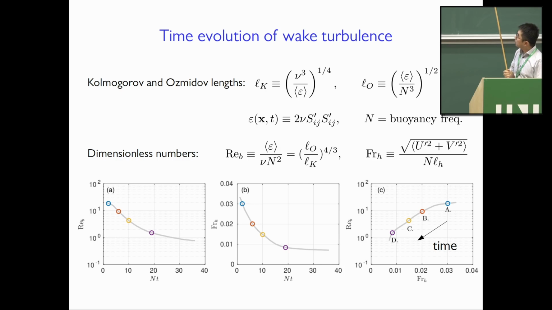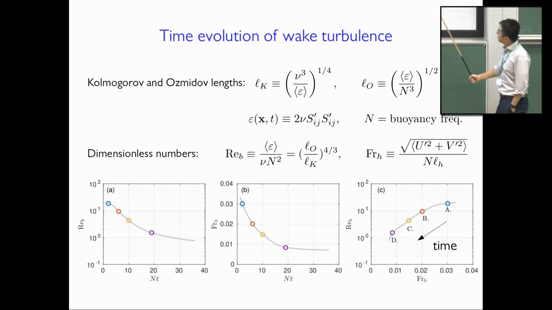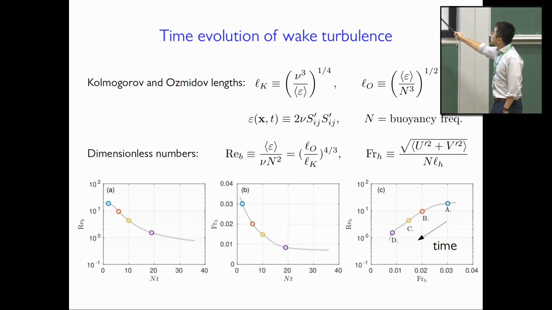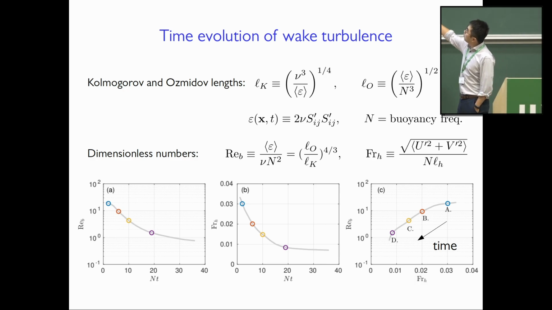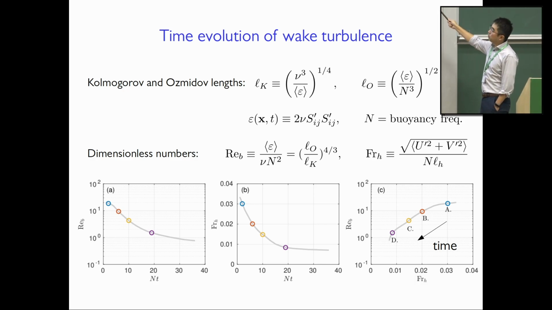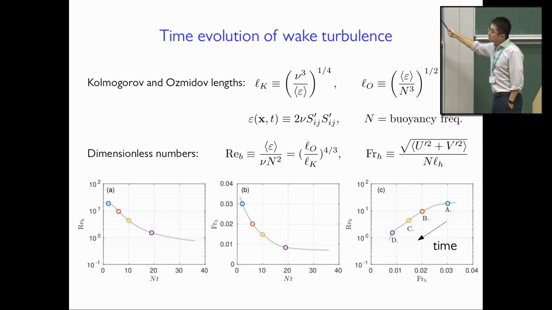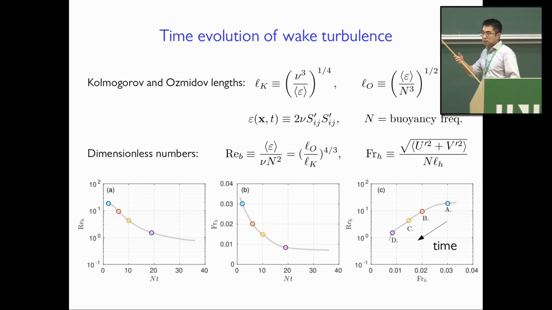Just before I do that, there are some important length scales and dimensionless numbers I want to introduce. The Kolmogorov scale needs no introduction. The Ozmidov scale depends on dissipation rate and the buoyancy frequency. There are scaling arguments about the Ozmidov scale, and it's sometimes considered as the smallest scale that can feel the effect of turbulence or feel the effect of stratification.